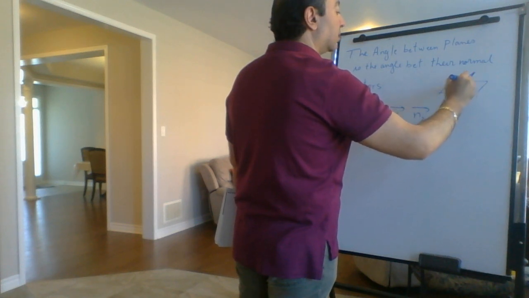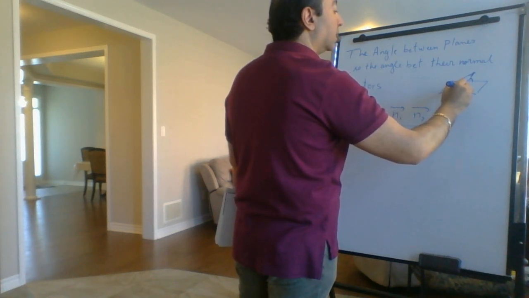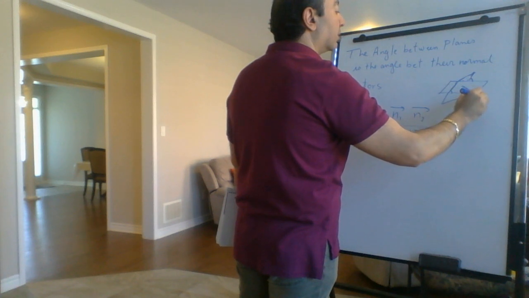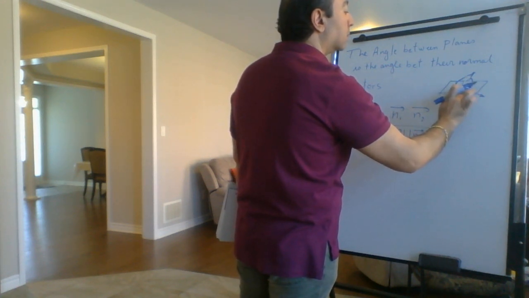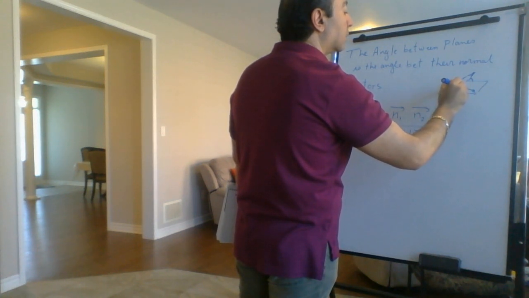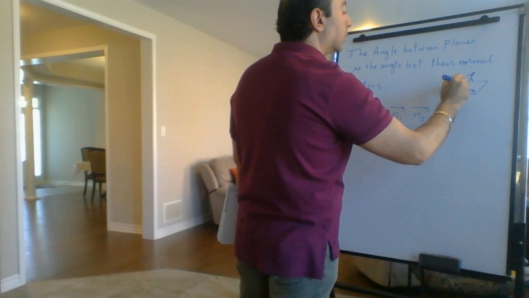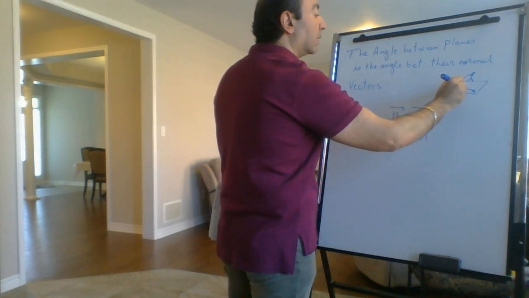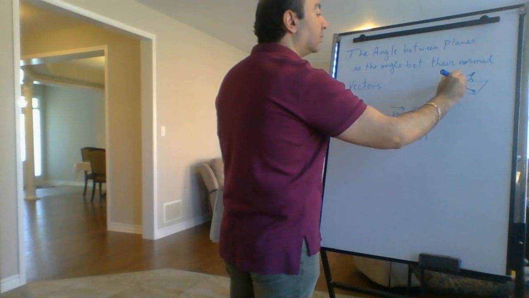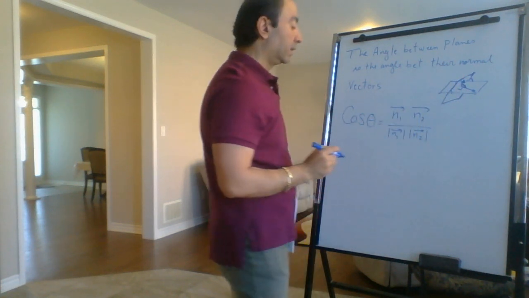So this is the angle between the planes. It is the angle between their normal vectors. Normal and normal. Okay, so the angle between the two planes is the angle between their normal vectors, n1 and n2.